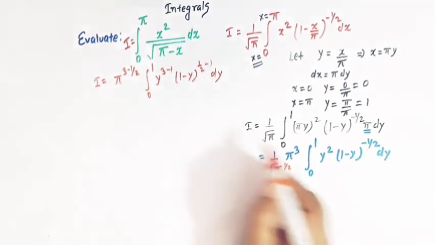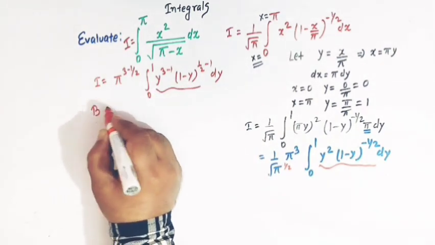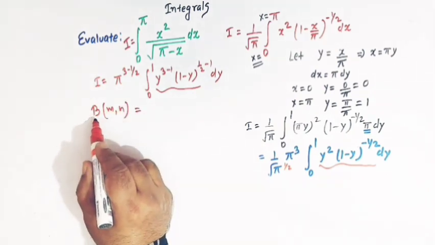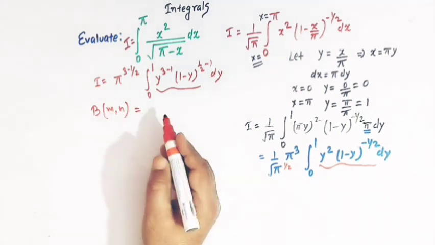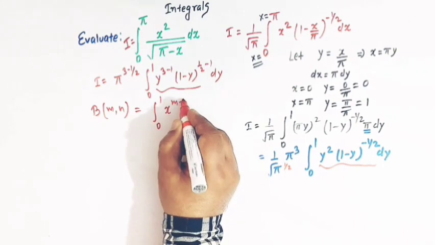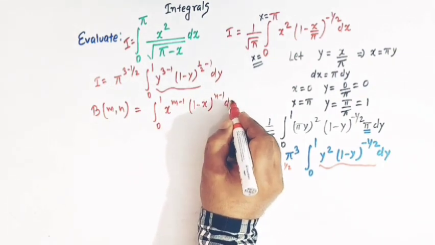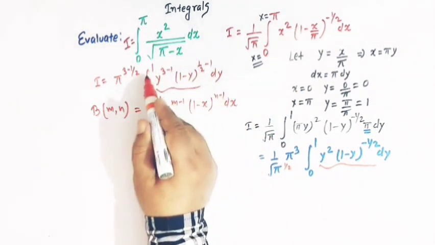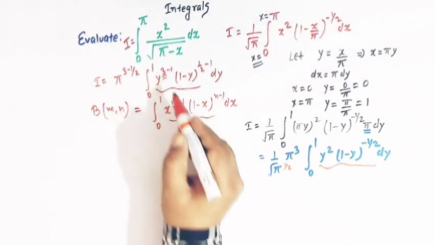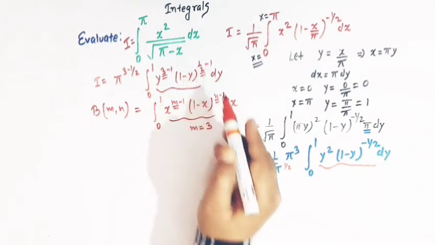So we have written this integral in this form because we are going to use the definition of beta function, right? So the beta function is defined as beta mn as 0 to 1, that is x raised to m minus 1, 1 minus x raised to n minus 1 dx, right? So if we compare this integral with this one, then we see that the value of m is equal to 3 and the value of n is equal to half, right?